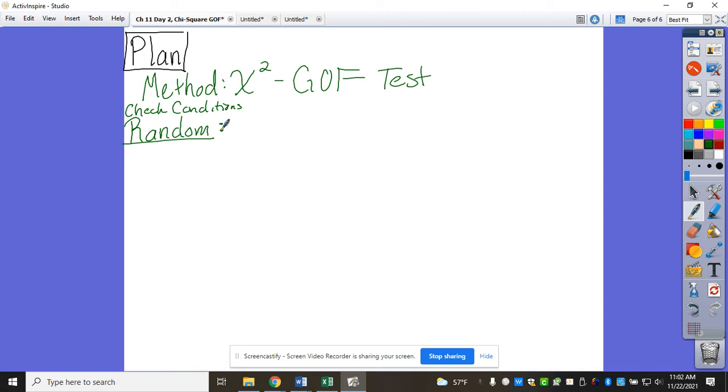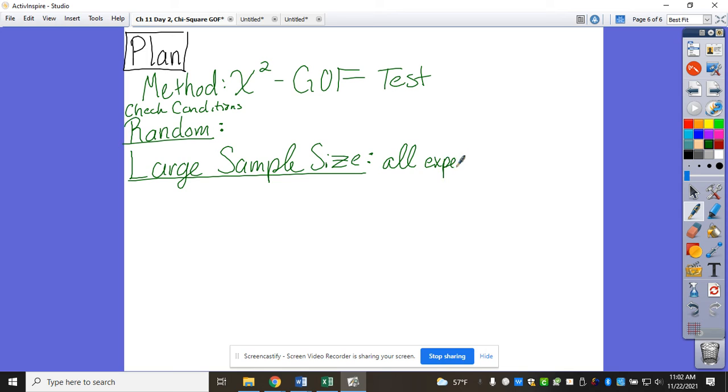This is still a chi-square test, so what is my second condition going to be? Large sample size. Which means I'm still going to be checking the exact same thing, which is what? All expected counts at least 5.